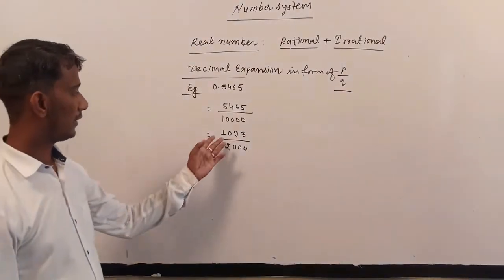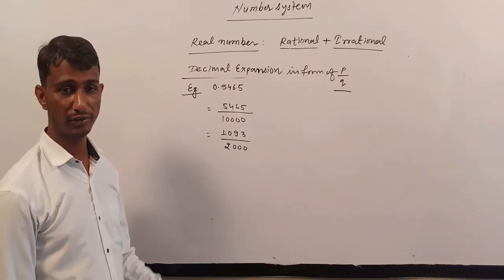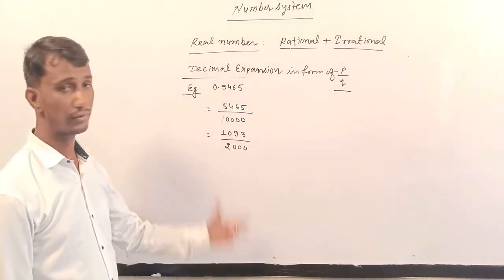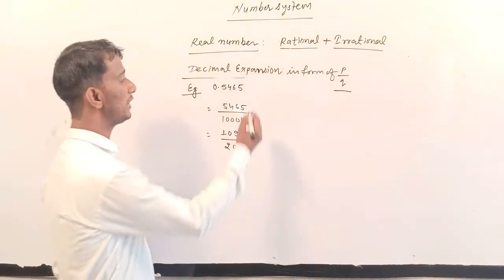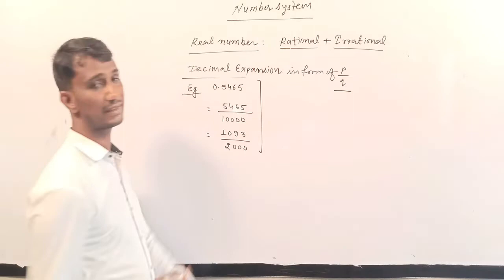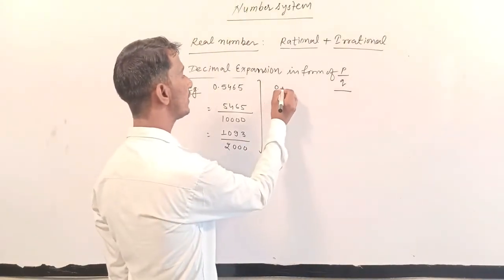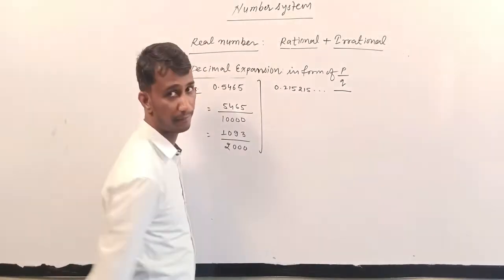I think this is not divisible again, so it is simplified properly. This is the p upon q form if a terminating form is given. If a non-terminating form is given, how do we express it in p upon q? For example, 0.215 dot dot dot.